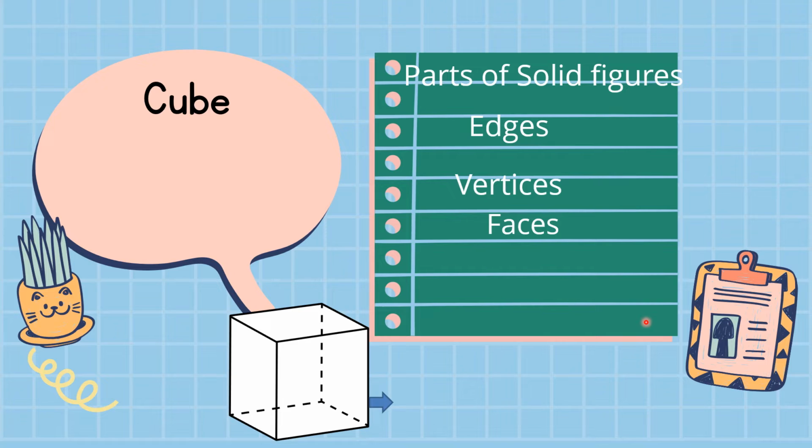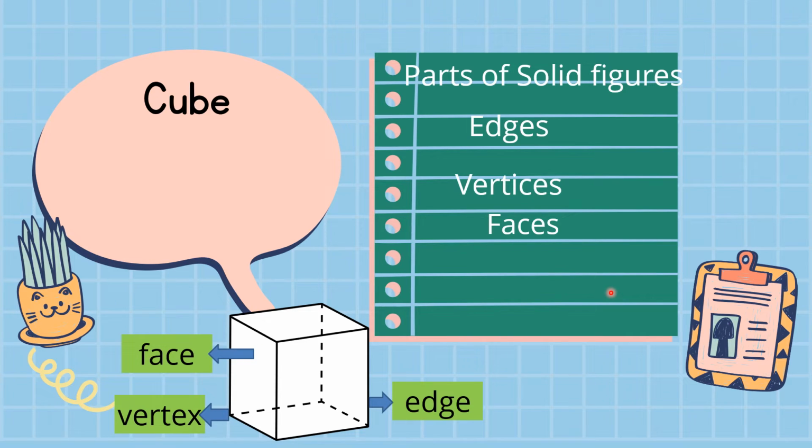This is the edge, the straight lines here, and later we'll count how many. This is what we call the vertex, vertices if plural. And the faces are the sides. We will count them.